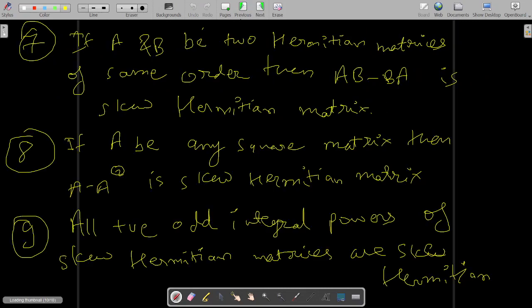Positive odd integral powers mean 1, 3, 5, 7, 9, 11, like that.